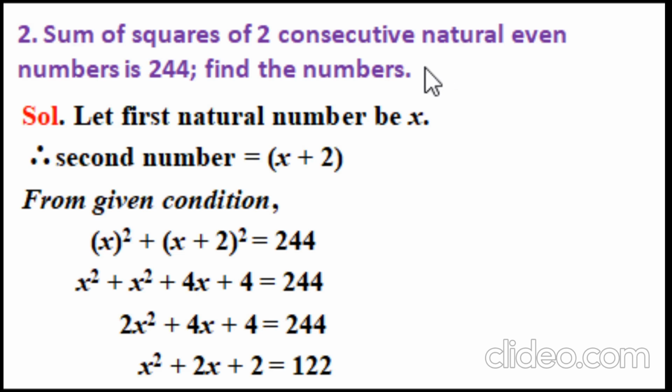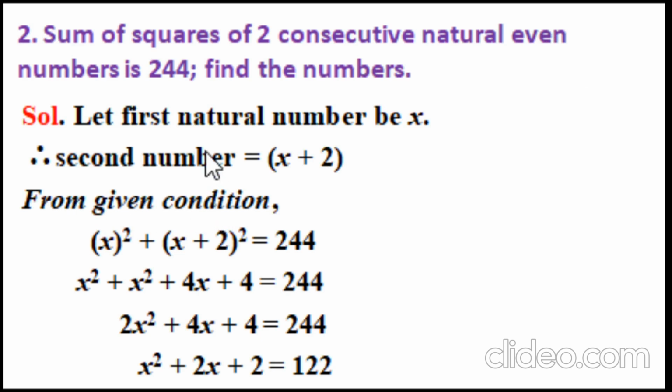It is infinite. The first natural number is 1. And even numbers are the numbers which are multiples of 2. So let the first natural number be x. Therefore the second number is x plus 2. This 2 we have taken because it is a natural even number.